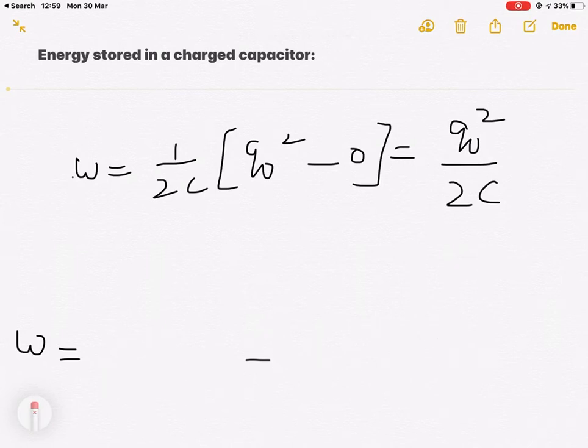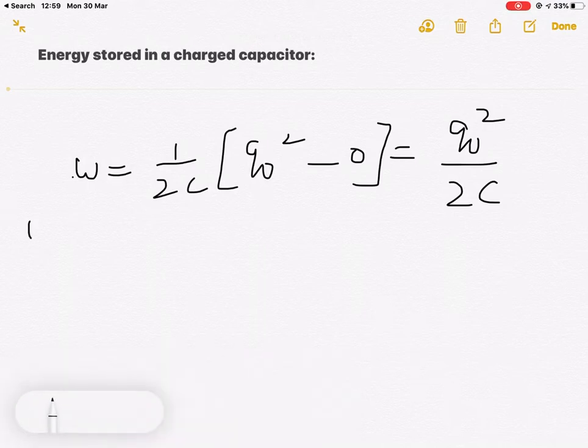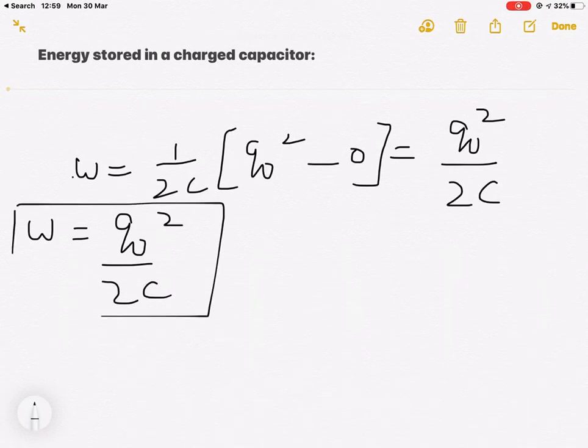So next we will be calculating the desired energy. So our work done is equal to Q naught square by 2C. This is the work that we need to do if we want to charge a sphere.